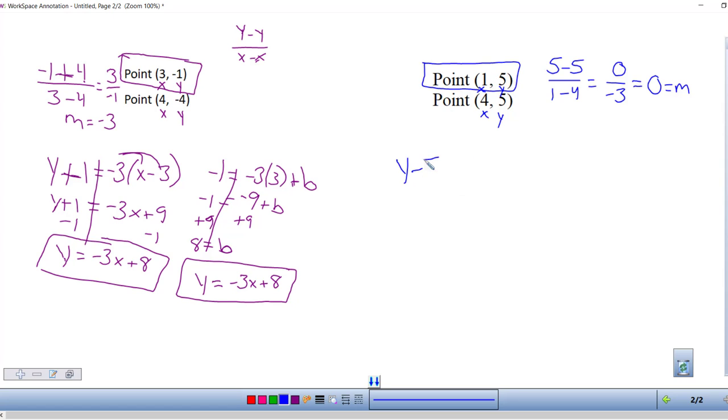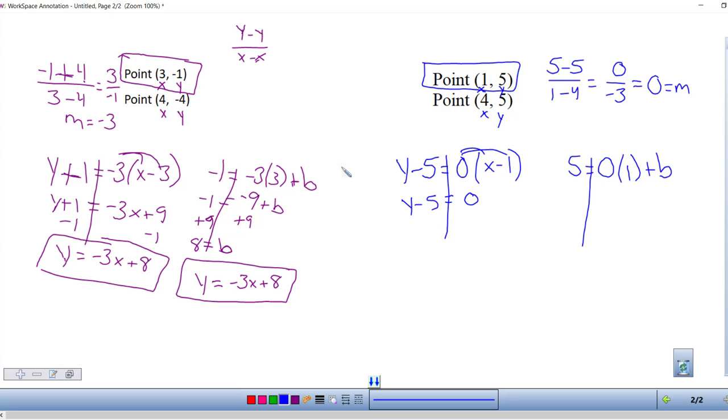Y minus 5 equals m, which is 0, x minus x, or y equals m x plus b. I can still plug in 0 and it's going to work out just fine. When I distribute 0, 0 times anything would be 0x plus 0, so I can just write that as 0.